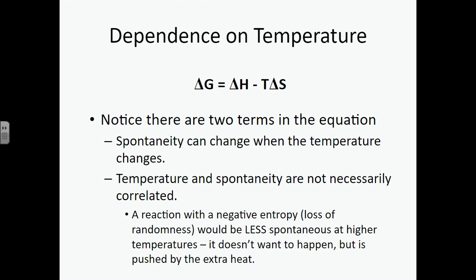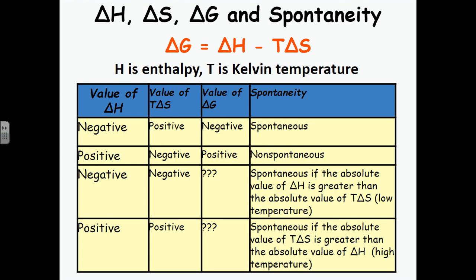The temperature and those values can impact spontaneity. Now, they are not necessarily correlated. This means that a reaction with a negative entropy, or loss of randomness, would be less spontaneous at high temperature. It doesn't want to happen, but it's pushed by the extra heat. So there are scenarios where one can overcome the other, and that's the take-home message from this relationship.